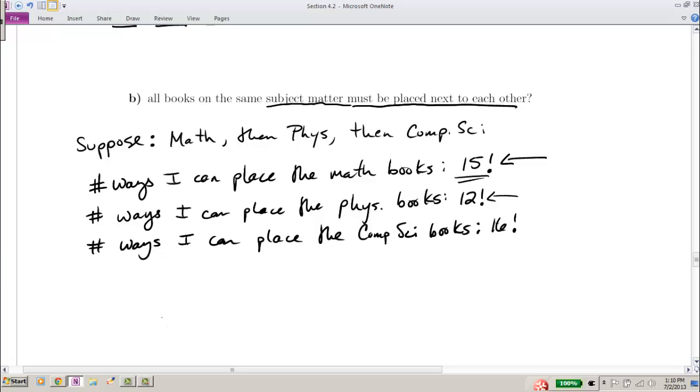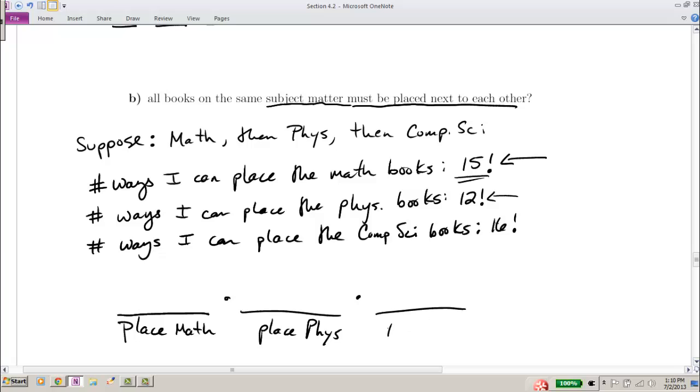And so here's the multiplication counting principle. First I'm going to place the math books. Then I'm going to place the physics books. And then I'm going to place the computer science books. So 15 factorial ways to place the math books. Follow that up with my 12 factorial ways I could place the physics books. And for each one of those different permutations, I've got 16 factorial ways to place those computer science books.